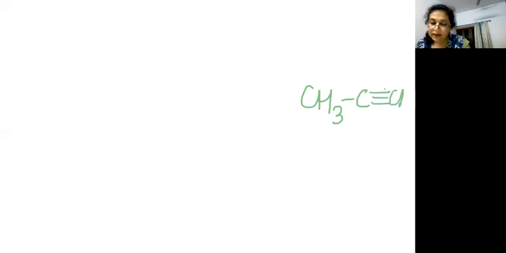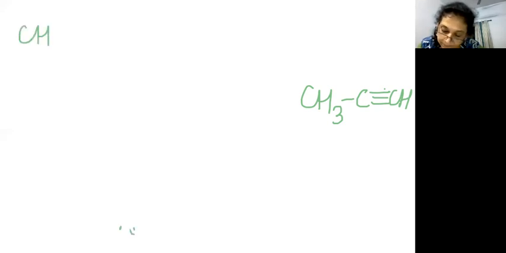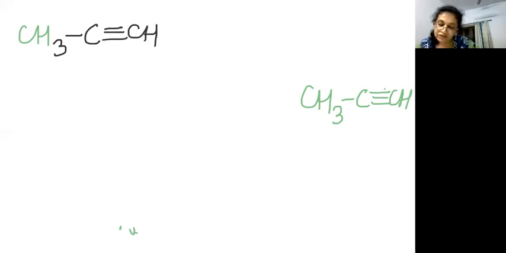So this is propyne. Now let's start making the structure of propyne. If you look at this structure of propyne, the carbon here, steric number is 4. This carbon, there are 2 sigma bonds for this carbon and 2 pi bonds.